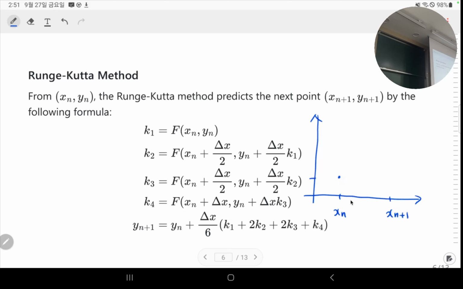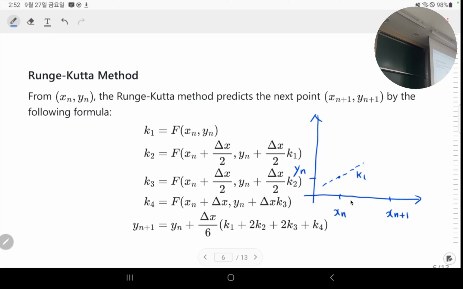Assuming that I already know what yn is, I need to know where yn plus 1 is. First, I take the rate of change here. I need to know how fast the function changes when x is xn and the value of the function is yn. Let's say this slope is k1.